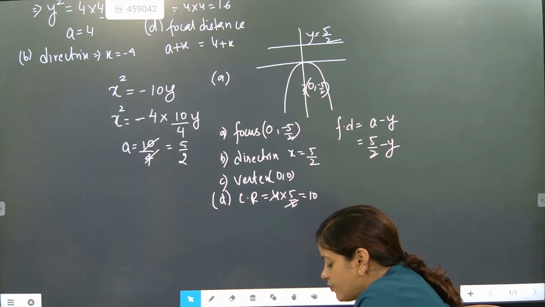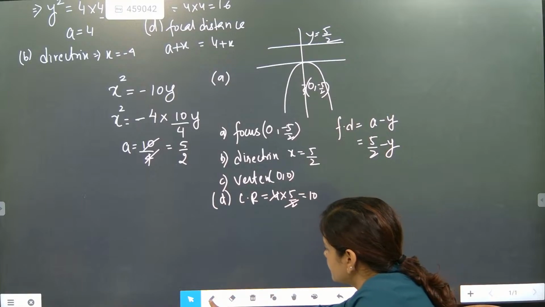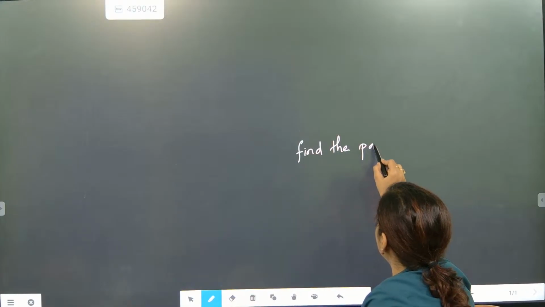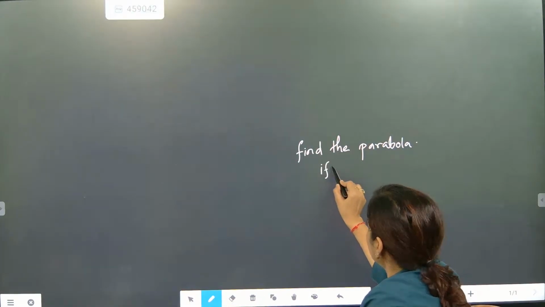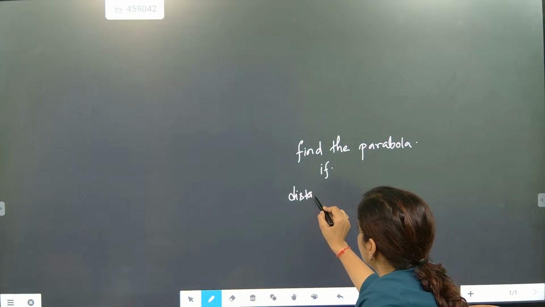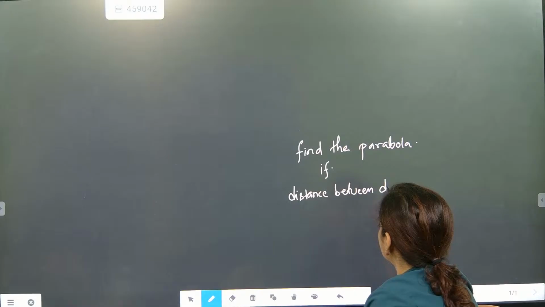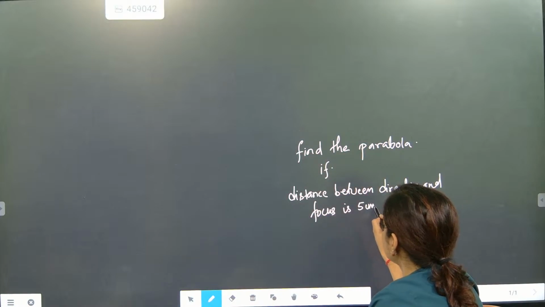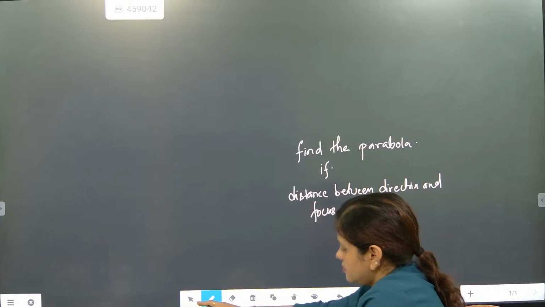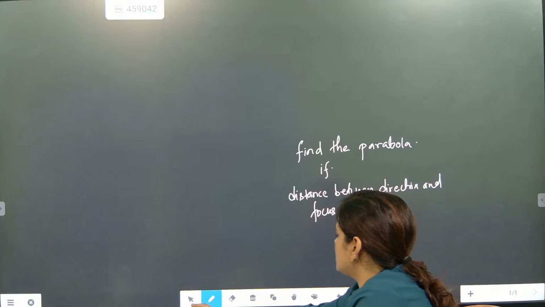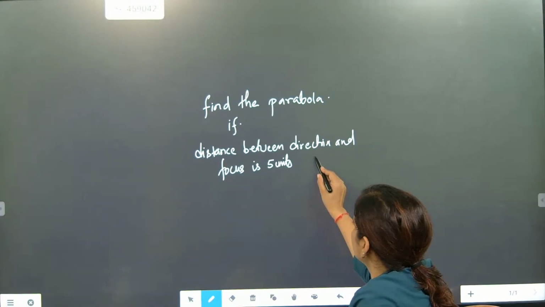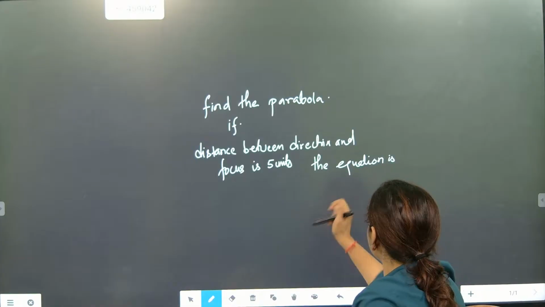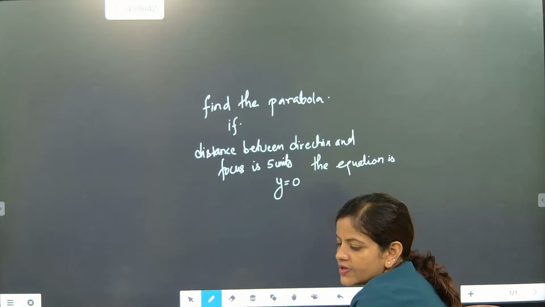Next question, shall we start? So like this type of questions they are asking. If they say: find the parabola if the distance between directrix and focus is 5 units, and the equation of axis is y equal to 0.